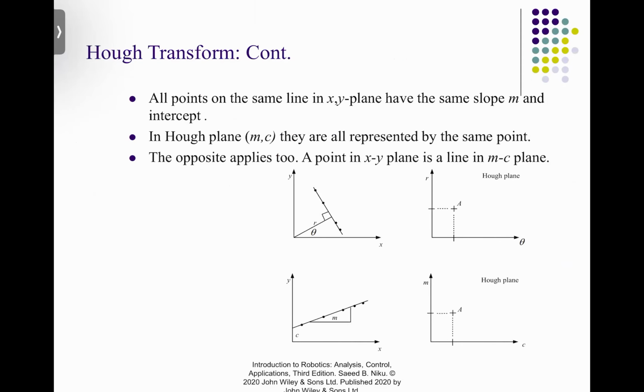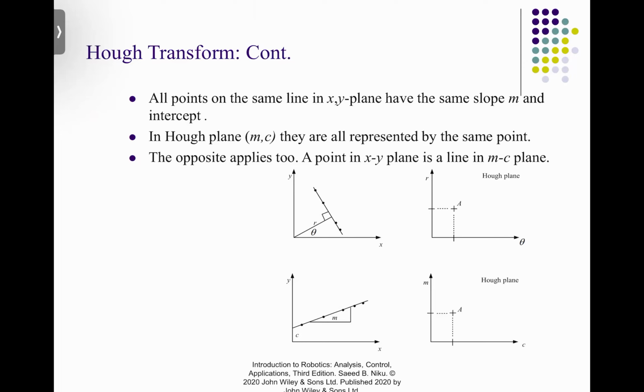We consider certain pixels and we want to find out whether these pixels are on one line or not. So we take the pixels' XY locations and either convert them into r and theta values, or convert them into slope and y-intercept values, and then plot those onto the theta-r plane or the m-c plane.